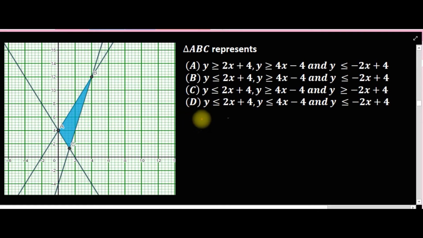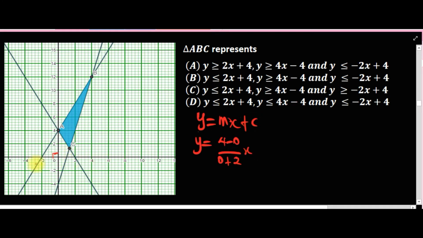We use the slope-intercept form of the equation of a line, which is y equals mx plus c, where m is the slope. And how do you get the slope? It's very simple. I want the equation of the line passing through A and B. I have a right triangle here, so my slope is the change in y over the change in x, which is 4 minus 0 over 0 minus 2 (negative 2).